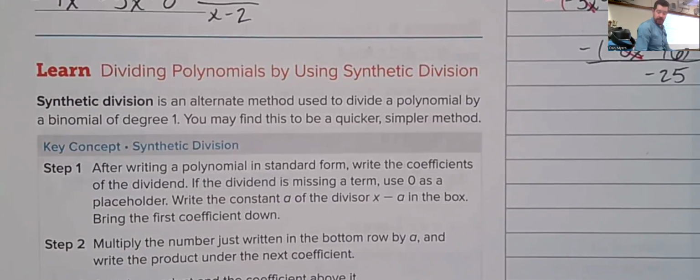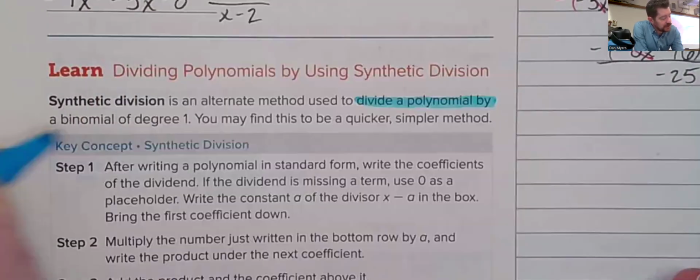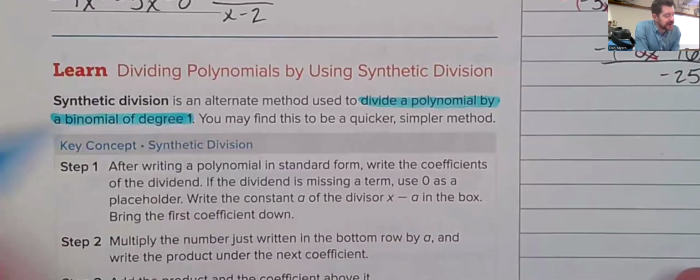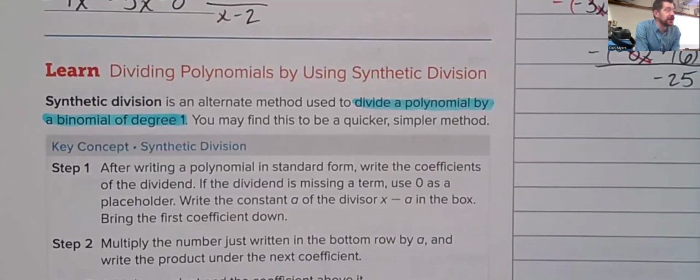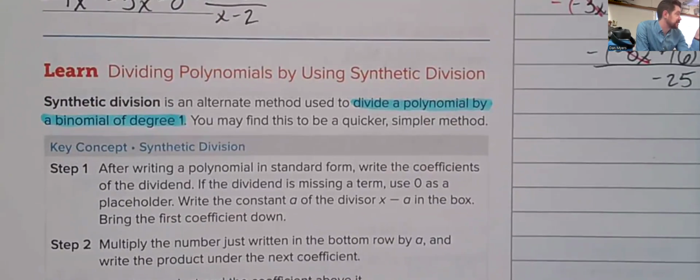You need to make sure that when you divide, and this is like a key to this, so everybody listen carefully here. When you use synthetic division, it divides a polynomial. The polynomial divides a binomial of degree 1. Binomial meaning 2 terms.